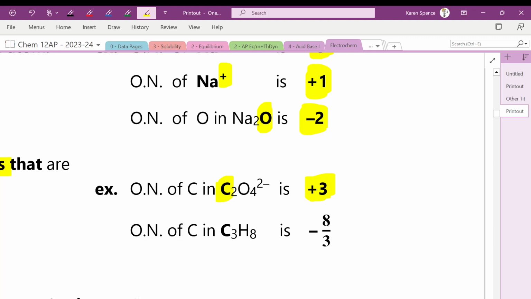And today we will learn how to calculate that. The oxidation number of carbon in C3H8 is actually -8/3. Which brings us to another point, and that is that oxidation numbers can be fractions. And again, you will learn how to calculate that.